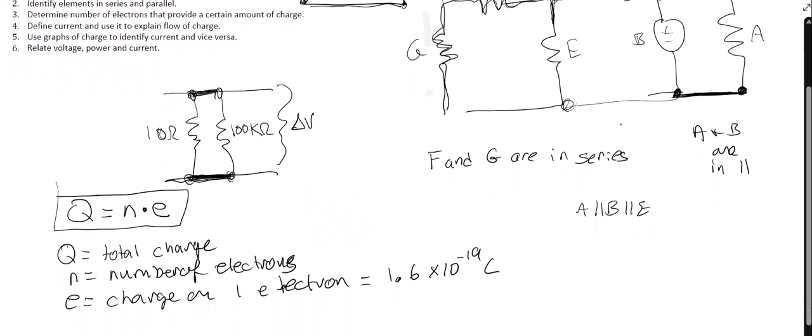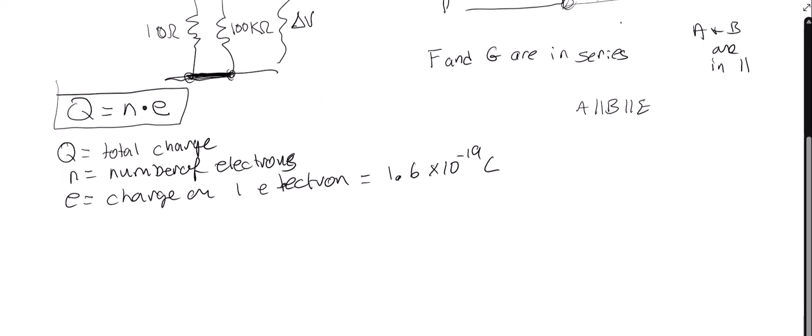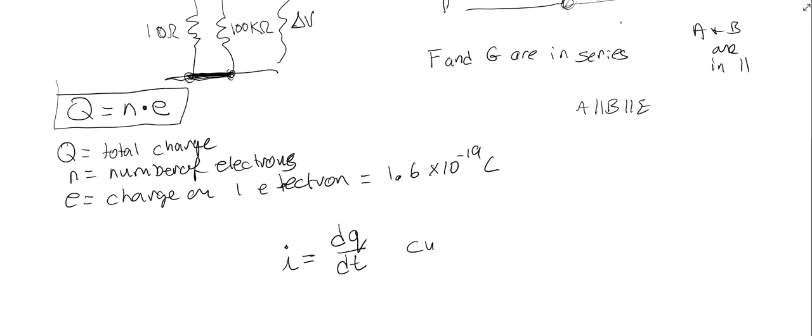Define current and use it to explain flow of charge. So our definition of current is I equals dq/dt. Current is going to be the rate of change of charge. And what does that mean, the rate of change of charge? A charge can't really change.